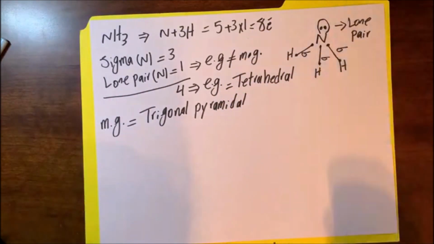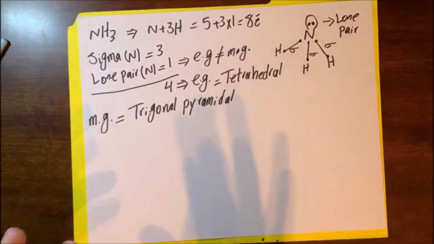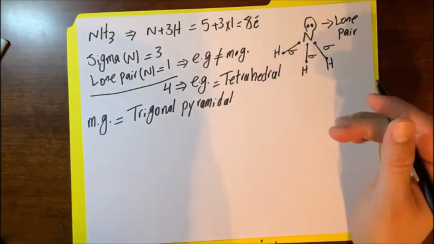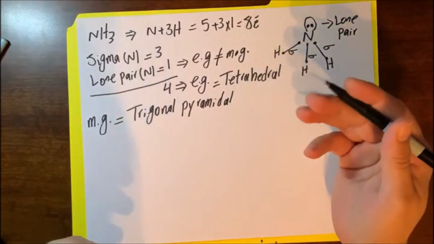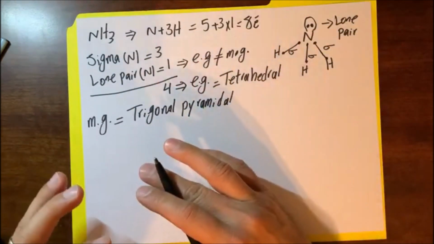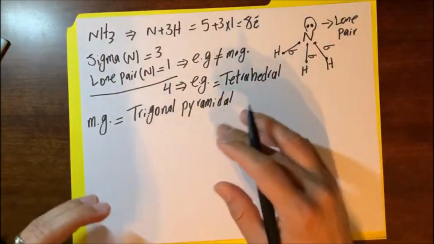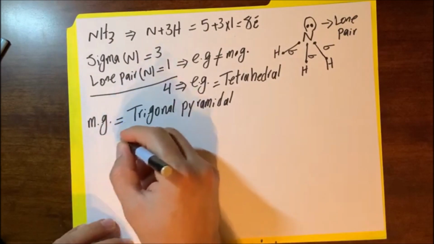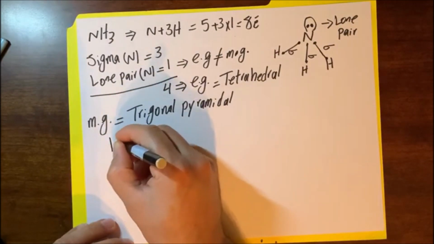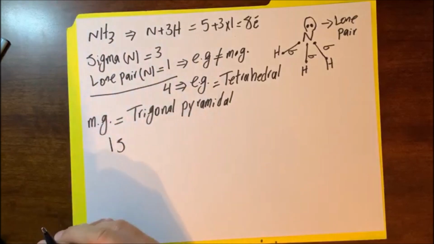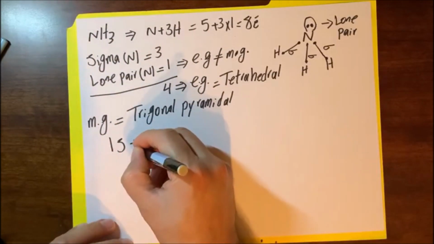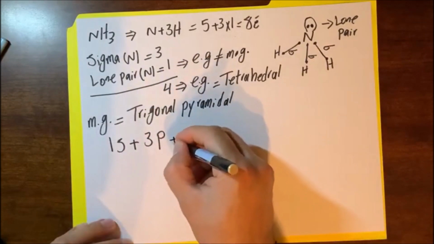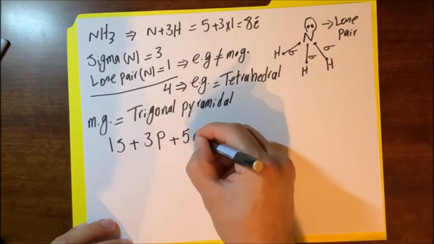How to find the hybridization? From now on, anytime they give you a molecule like this, if you're not dealing with a transition metal, the way you find the hybridization is you say, always we have 1 s orbital, and for the p you will have 3 p orbitals, and for the d you will have 5 d orbitals.